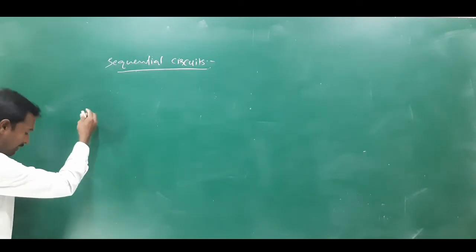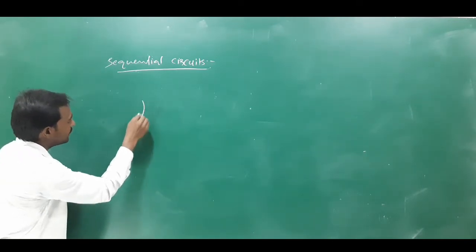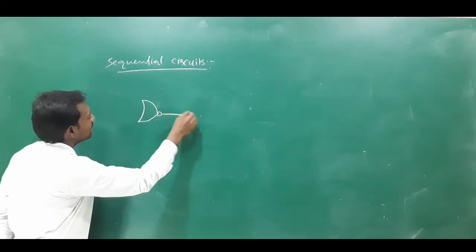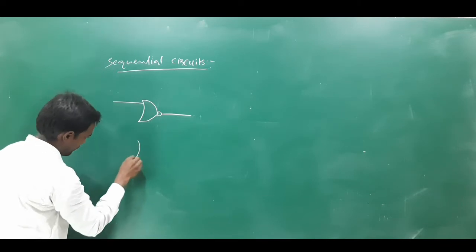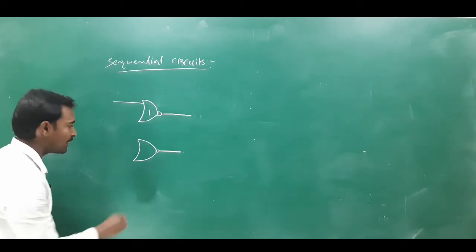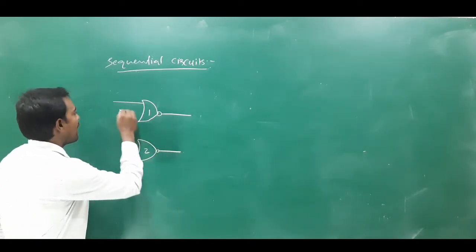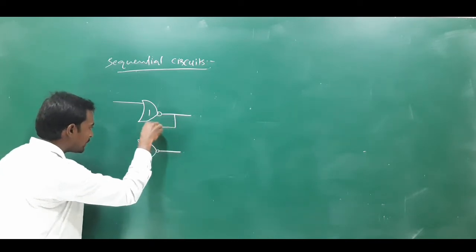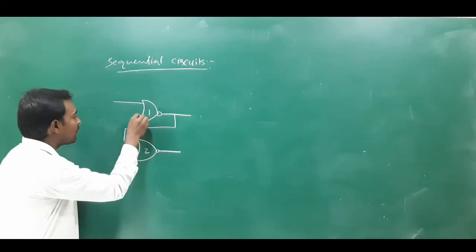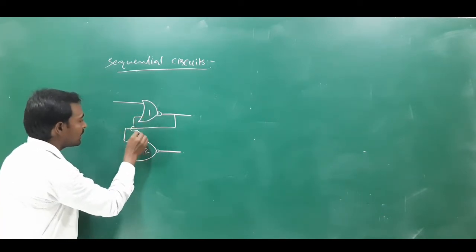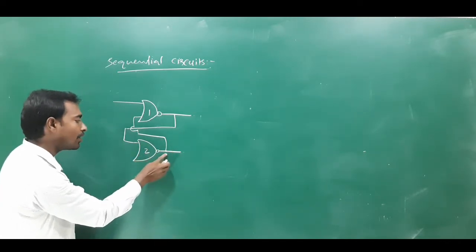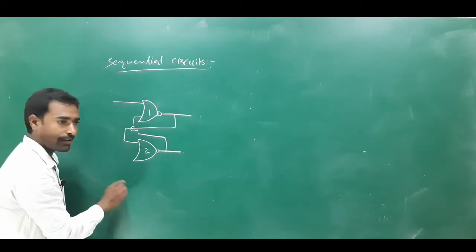Active high latch logic circuit is like this, having the two NOR gates. Take it as NOR gate 1 and NOR gate 2, and here this output is reconnected to the next NOR gate: the first NOR gate output is connected to the second NOR gate, and the second NOR gate output is connected to the first NOR gate.